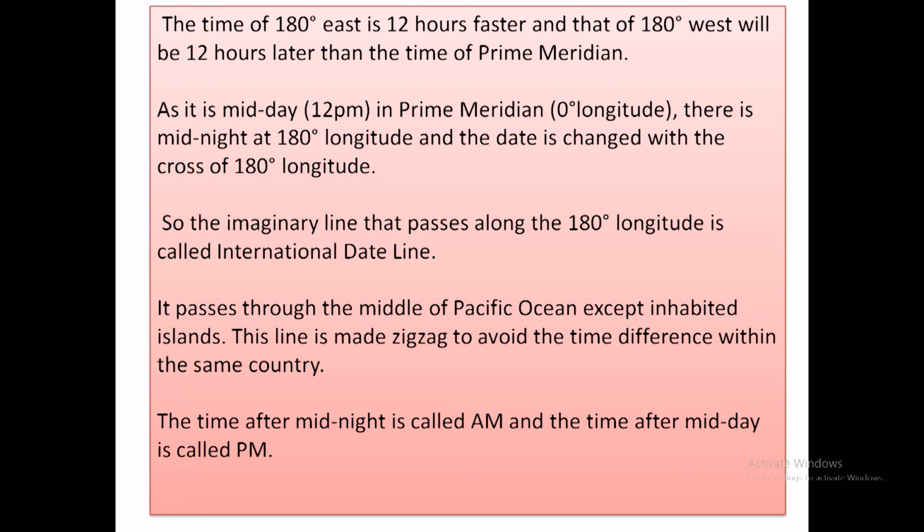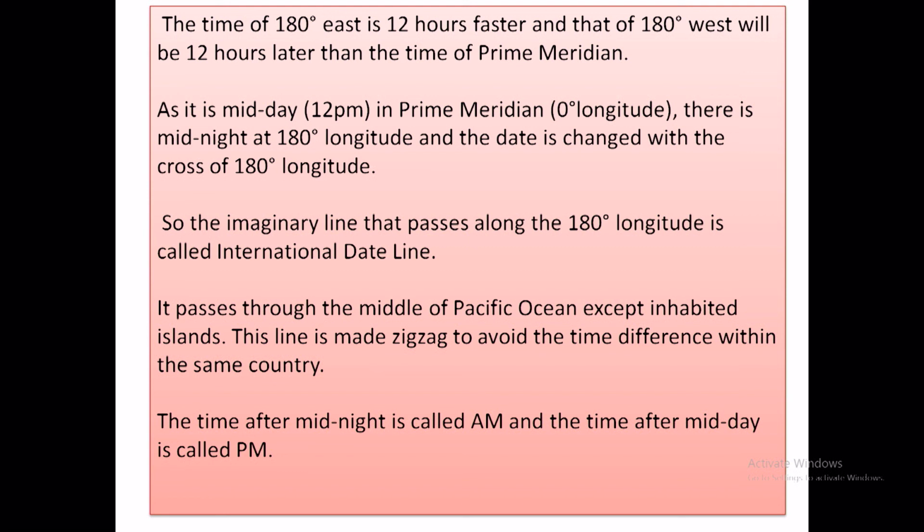They are also called meridians, because at every longitude there will be afternoon at a different time. That is why it is also called meridian. We also discussed the relationship between longitude and date, basically with the international date line.